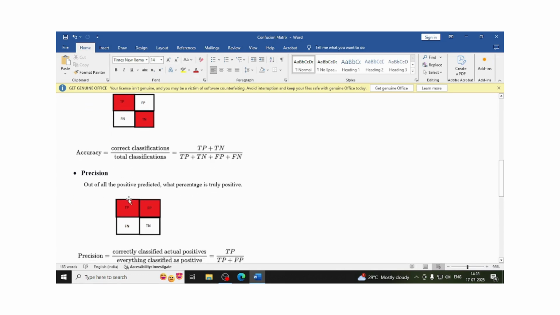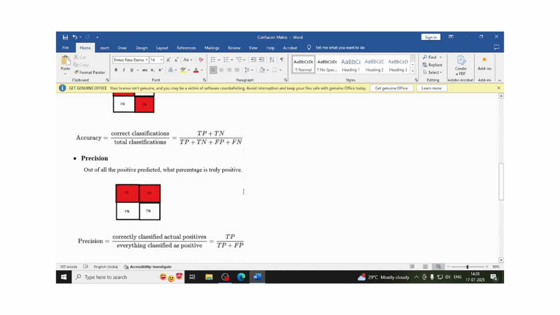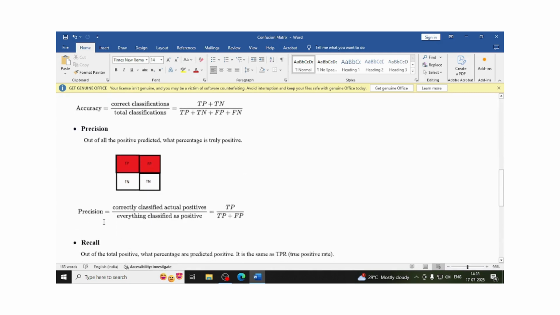What is precision? Precision means, out of all positive predictions, what is the percentage that is truly positive. Precision is equal to correctly classified actual positives divided by everything classified as positive.